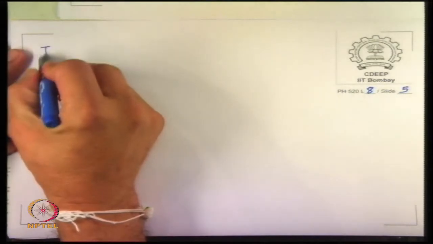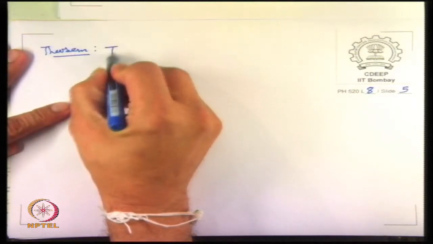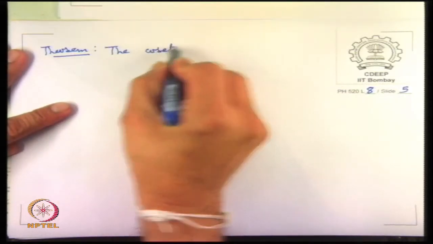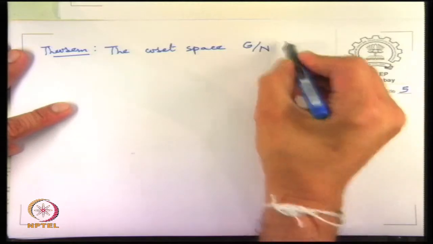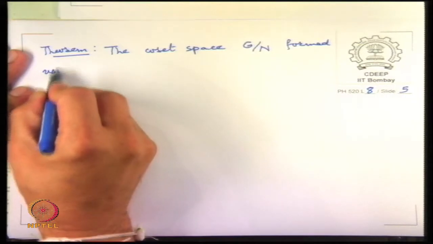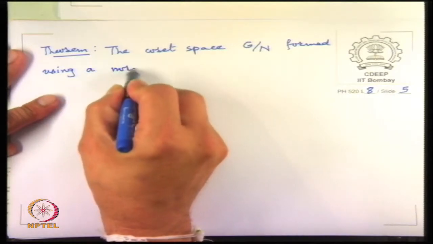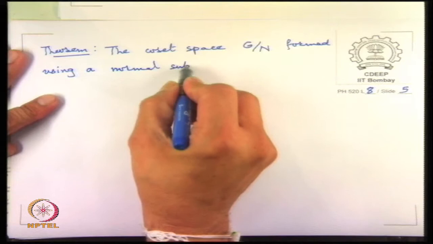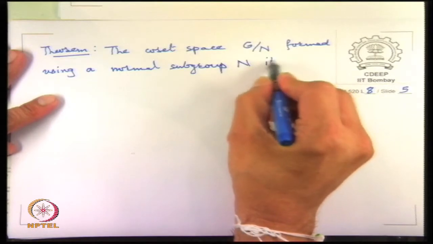The next theorem we want to prove is that the coset space G slash n formed using a normal subgroup n itself carries a group structure.